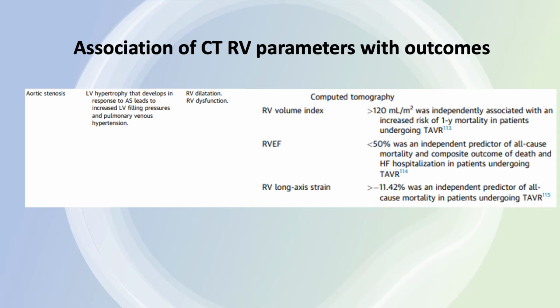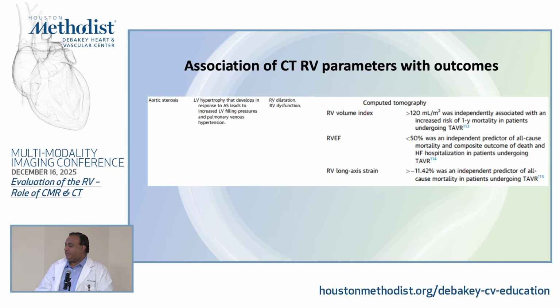So there is data out there, a few papers that look at the association of CT RV parameters with outcomes. There is data in aortic stenosis patients, and this has been studied because we have data on so many TAVR patients, where we can look at LV and RV function. And in these patients, RV dysfunction can contribute to their morbidity and mortality.